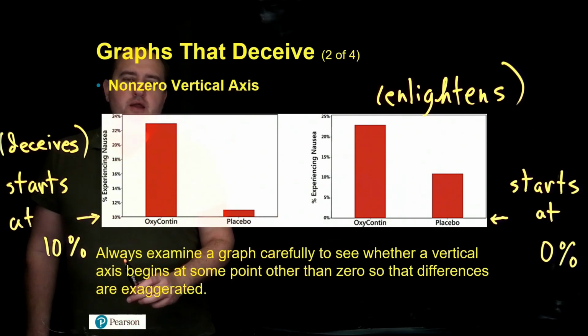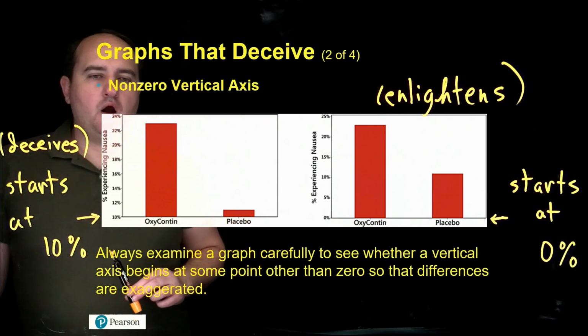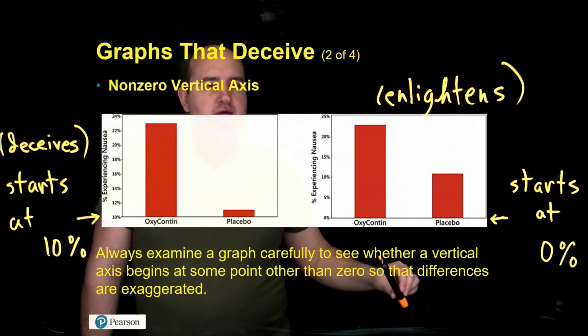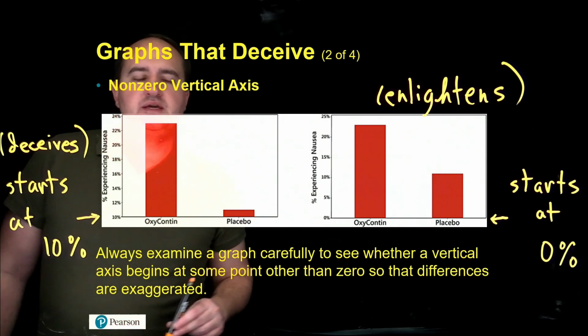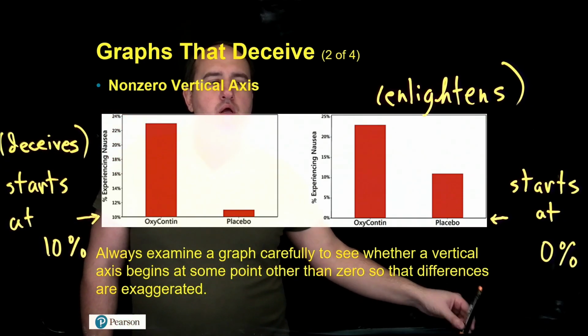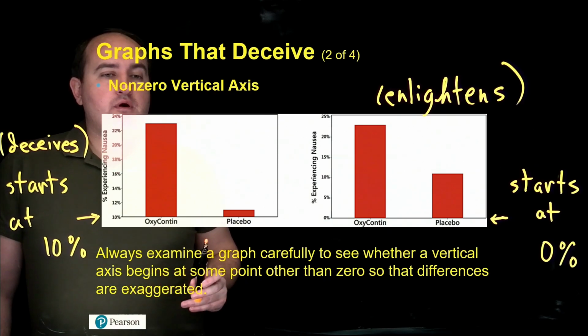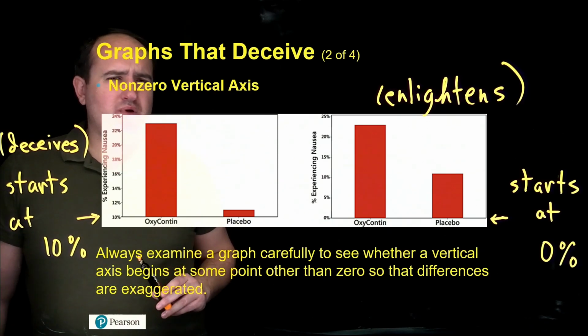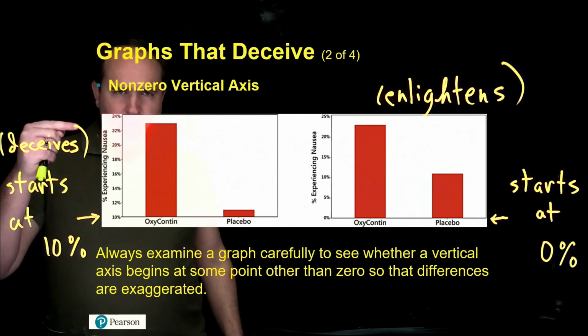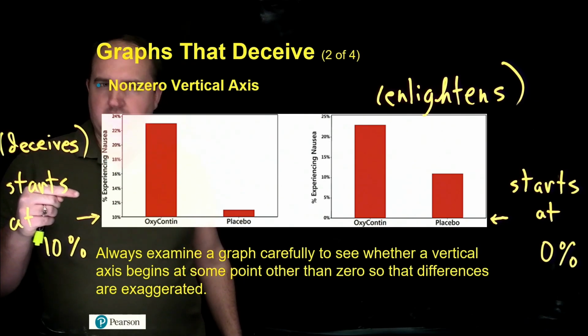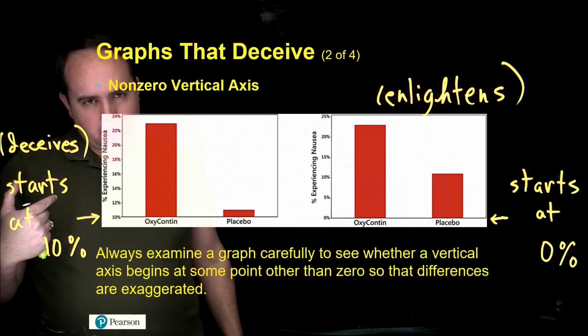Okay, so here at the bottom, our book says, always examine a graph carefully to see whether a vertical axis begins at some point other than 0 so that differences are exaggerated. So you might be wondering, why do people even make graphs like the graph on the left if it's just lying to people?